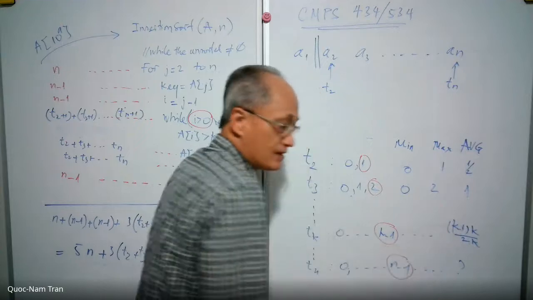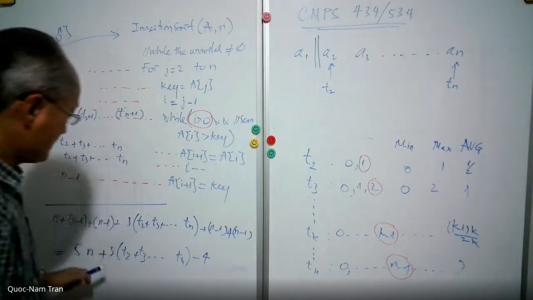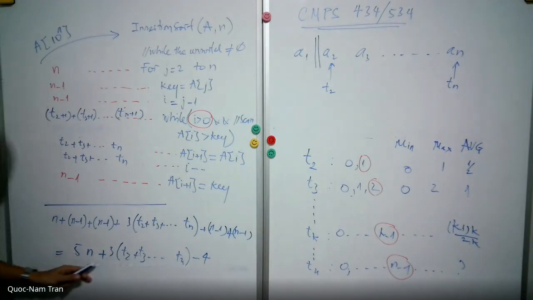k minus 1 is roughly the same as k. So that's why here we have this. Okay?